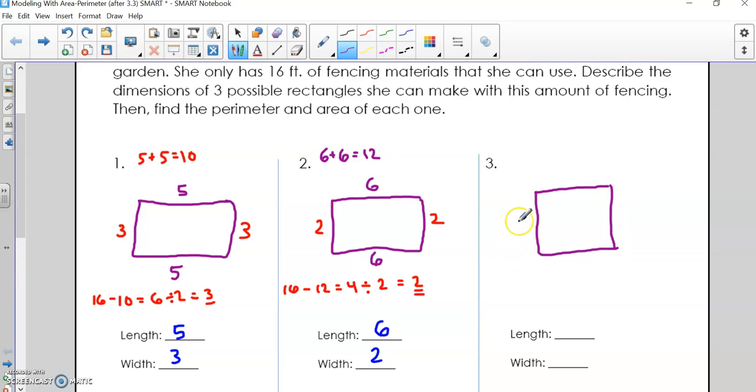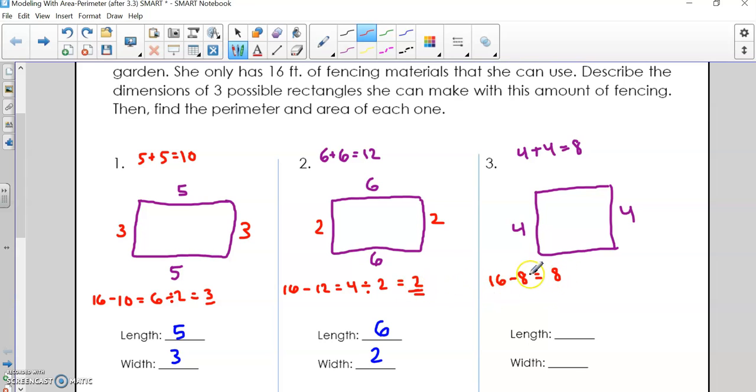Okay, let's say we wanted one side to be 4, right? If we had one side as 4, we would know the other side has to be 4 as well. So let's try that. 4 plus 4 is 8, and if you do 16 minus 8, that means we have 8 feet of fencing left.